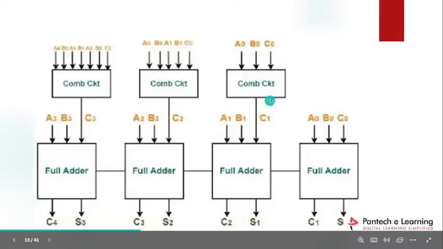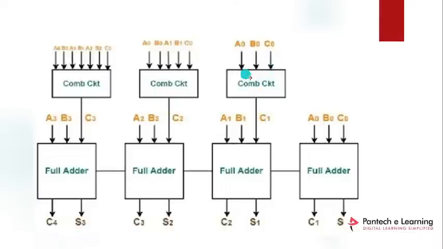We can get the carry in by doing these operations in parallel. This circuit takes parallel time only. At the same time it will perform all the actions. By using this way we can get delay free results.